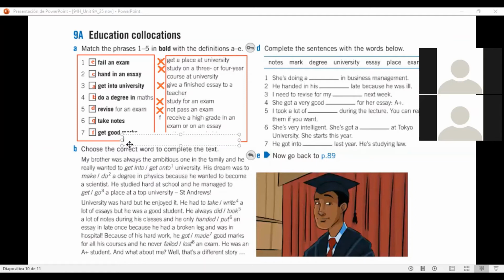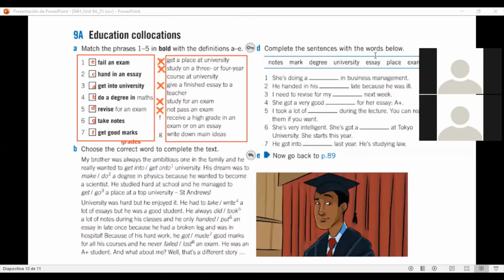Starts with G. Maybe great. Exactly. Grades or marks means exactly the same. Sí, las dos significan exactamente lo mismo. Marks o grades significan calificaciones.